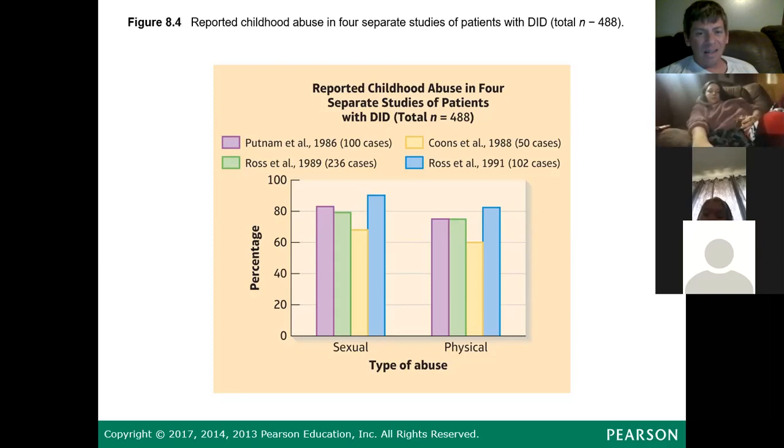So from the surface, you think, okay, is this causal? Or is the memory of being abused the effect? Does that make sense? Is the memory a symptom? Is the false memory a symptom? Because it's way up there. You wouldn't have this. This is not normal.